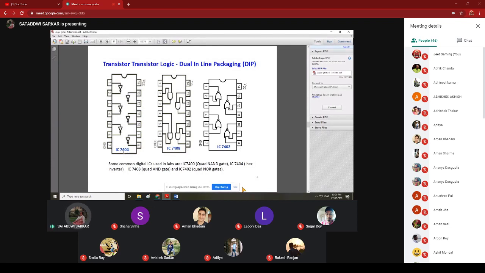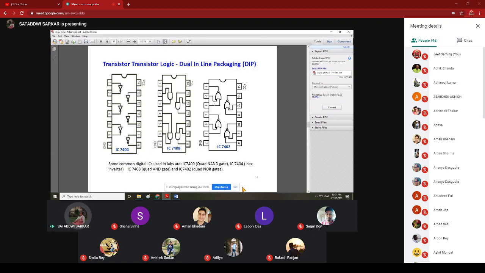You have to remember these 3 IC diagrams. 7404 is different. 7402 is completely different, and 7408 is the same as 7400. All the ICs are the same except 7404 and 7402.